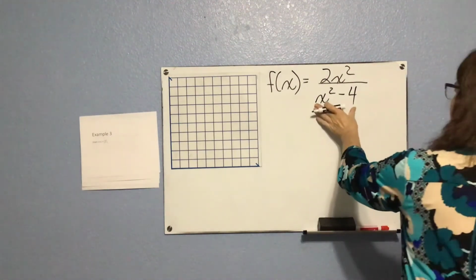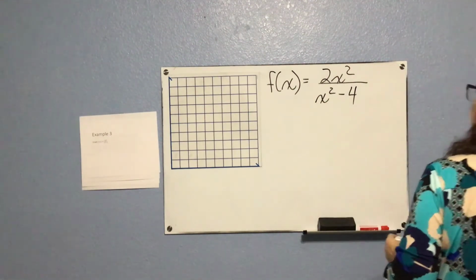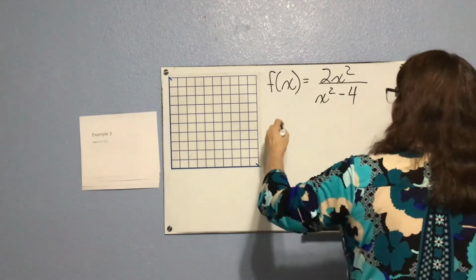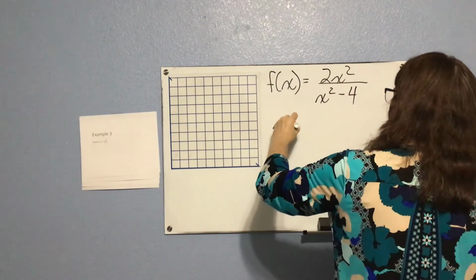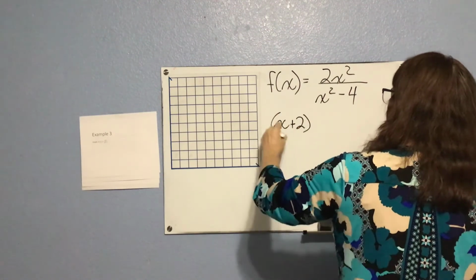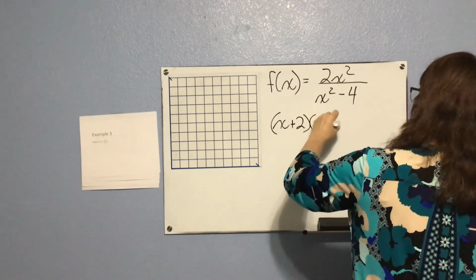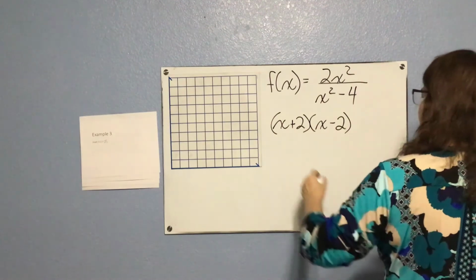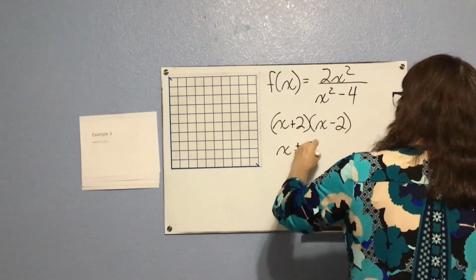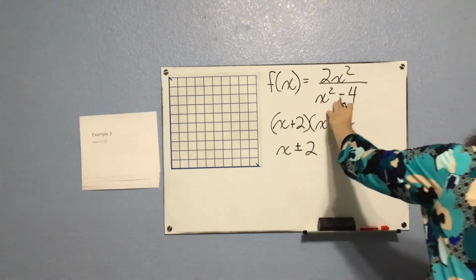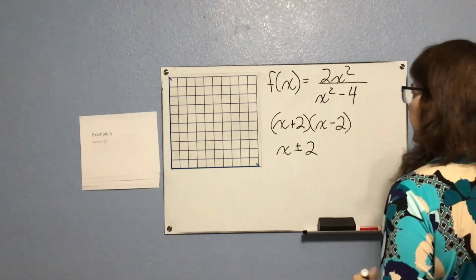I want to start here with factoring this so I can find the places where it's 0. X squared minus 4 is x plus 2 times x minus 2. So if x is either positive or negative 2, this is going to be 0, and the function will be undefined.